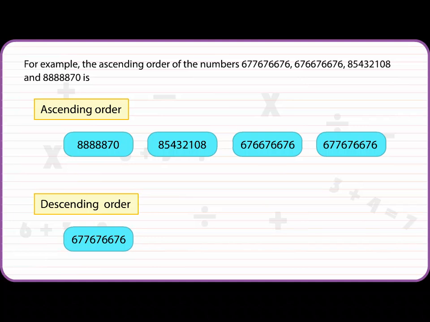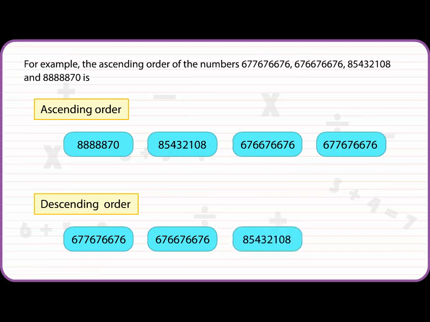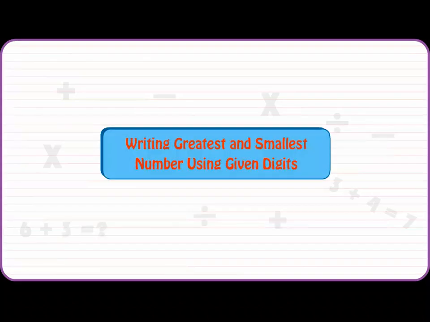Descending order: 67 crore 76 lakh 76,676, 67 crore 66 lakh 76,676, 8 crore 54 lakh 82,108, 88 lakh 88,870.